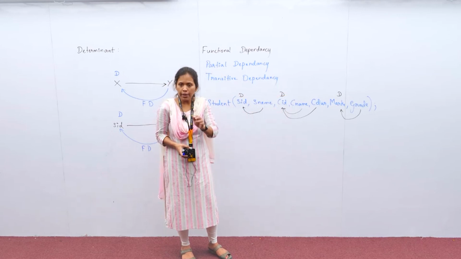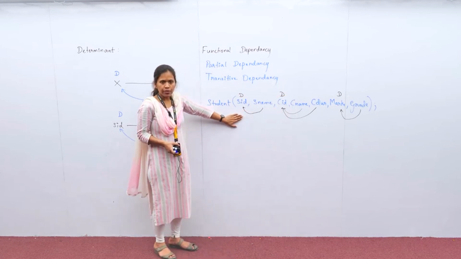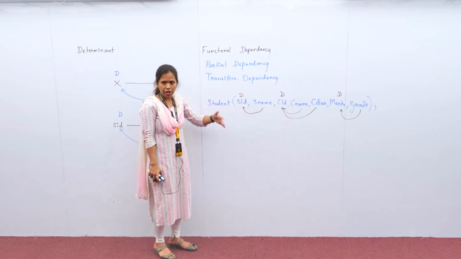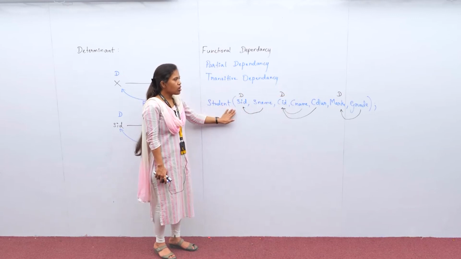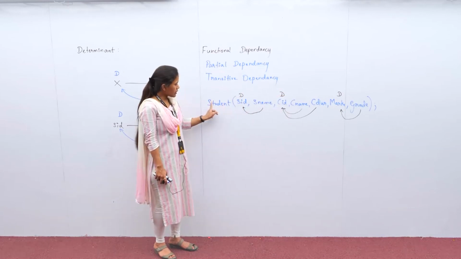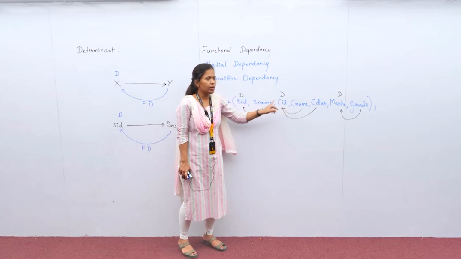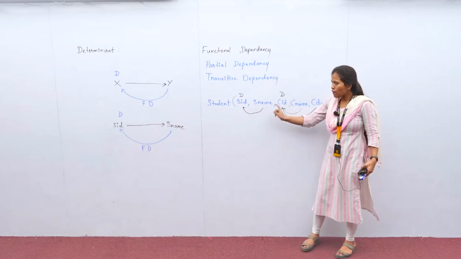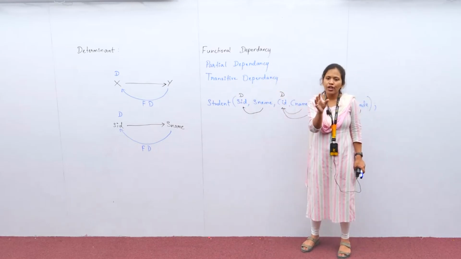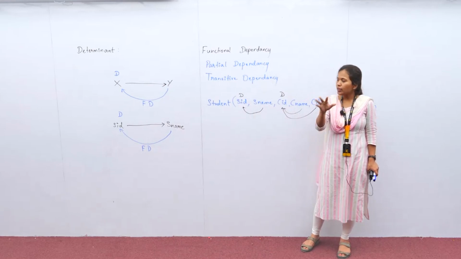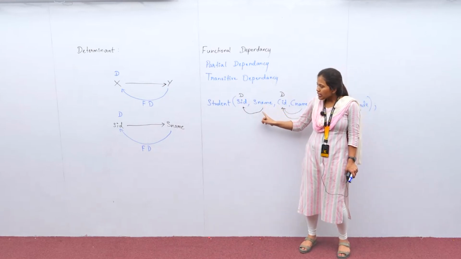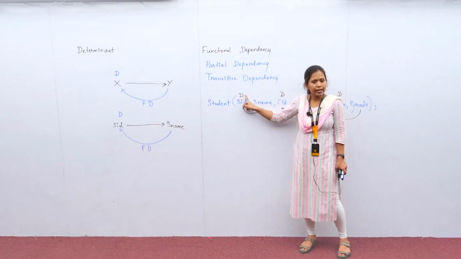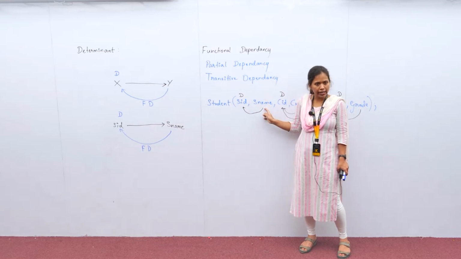Everyone understood? I will repeat again. This relation is nothing but the table. This is another way of representing the table, just as we have the ER schema representation and the complete table. This is the name of the table, and whatever we have within the parenthesis are the columns of this table. So if you properly observe, you know what is determinant and what is functional dependency. Now you have that clarity. When I say student name is dependent on student ID, student ID is the determinant because it can determine the student name.